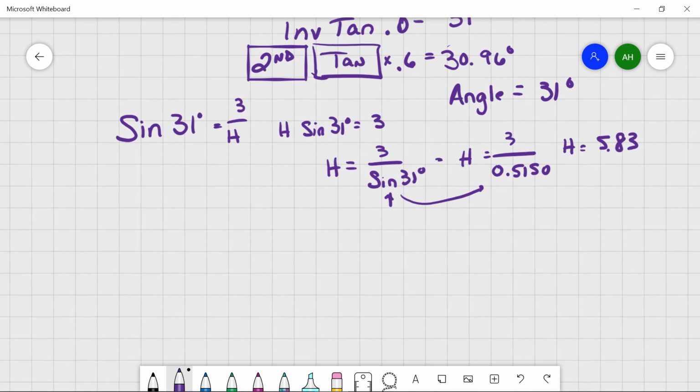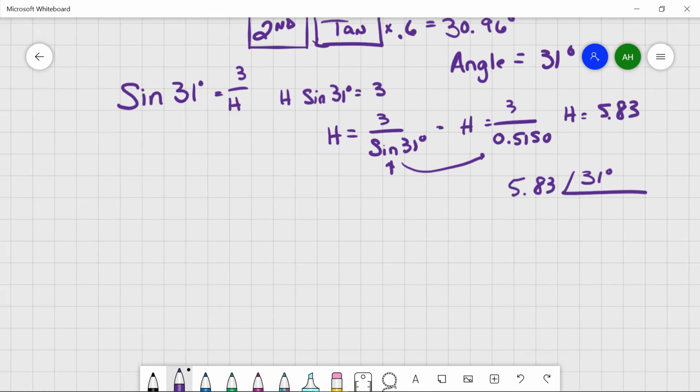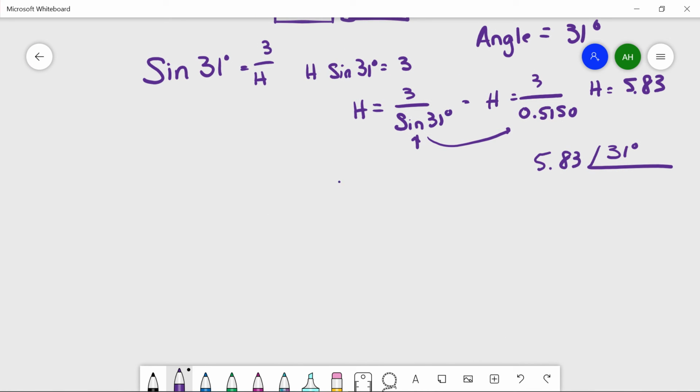So the answer to my problem now, I'm going to put that my hypotenuse is 5.83 and my angle was 31 degrees. So that where I began, that negative 5r minus 3u equals this over here, and now I've got that written in polar form.